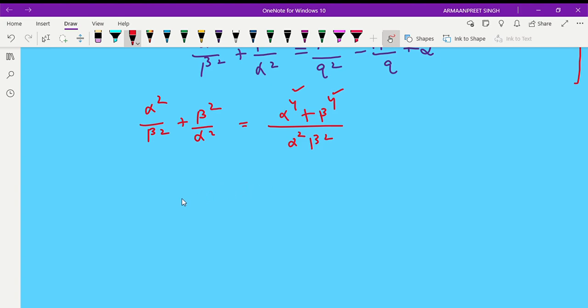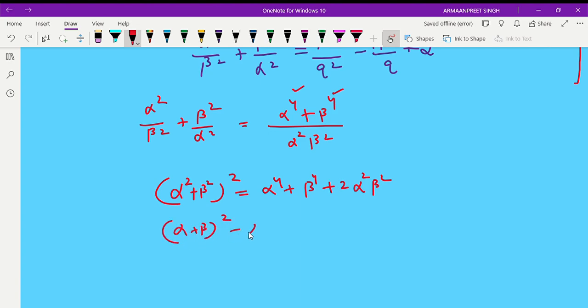Alpha square plus beta square whole square is alpha 4 plus beta 4 plus 2 times alpha square beta square, and alpha plus beta whole square is alpha square plus beta square plus 2 times alpha beta.